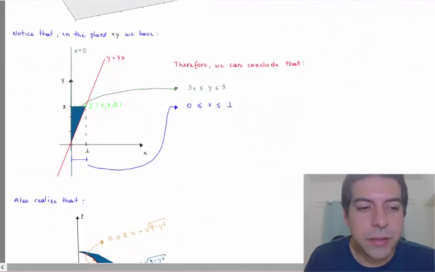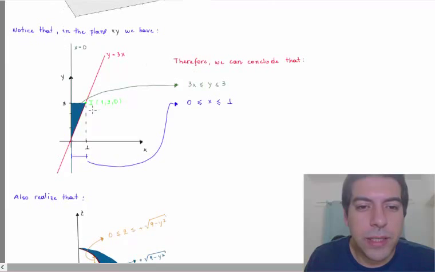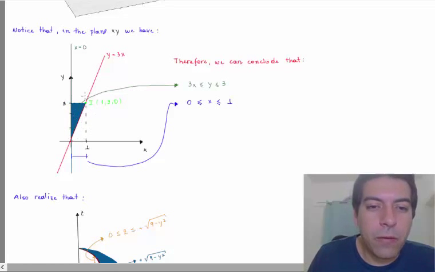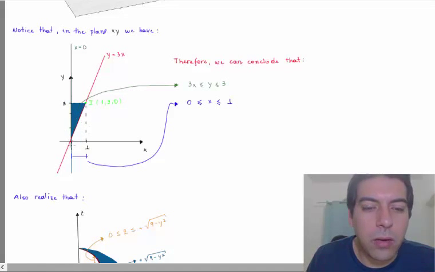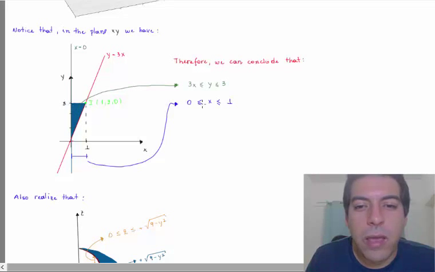The intersection of the solid E with the xy plane is highlighted in blue color right here. From this figure, we can conclude that x varies from 0 to 1, and y varies from the line y equals 3x to the line y equals 3.